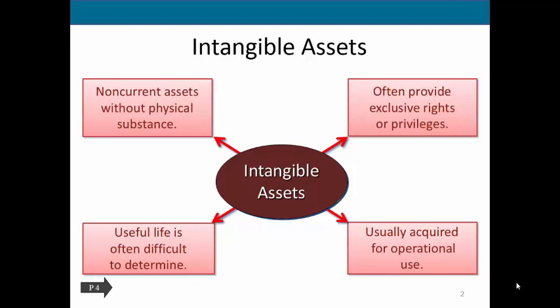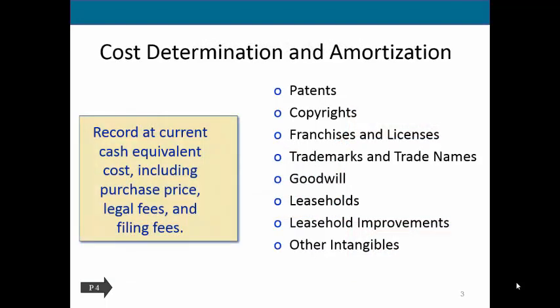So when we get into intangible assets, sometimes the useful life is harder to determine. Some examples of these things are patents, copyrights, franchises and licenses, trademarks, goodwill, leases, lease improvements, and then there's many more.